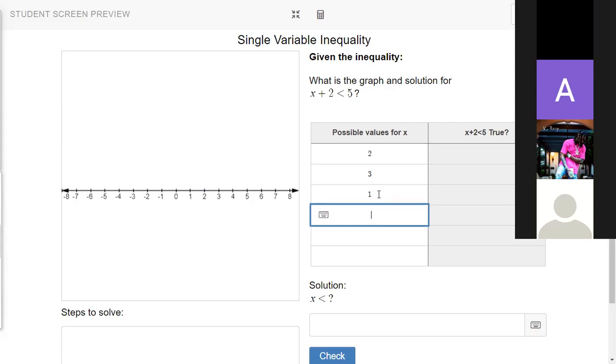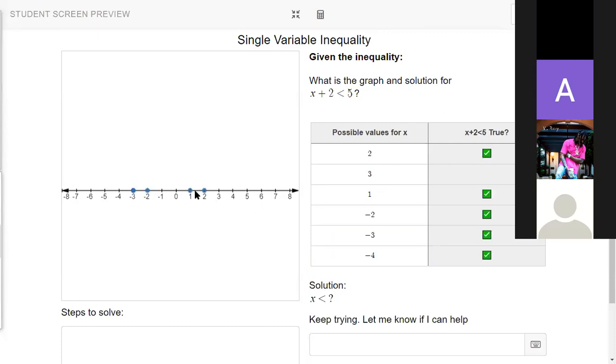1. -2. -3, and one more. -4. Okay, great.